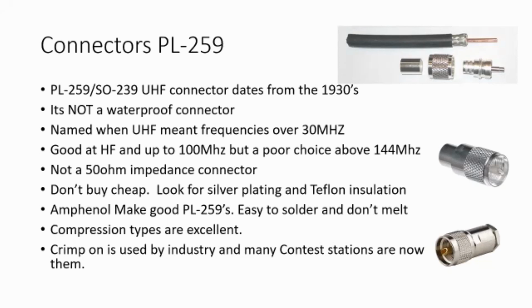The reason why it's not a good idea to use it above 2 meters is the size of the connector in relation to a wavelength is getting larger as you move higher in frequency, and therefore it basically puts a bump into your nice 50 ohm line from the radio up to the antenna, and can cause you a few wee problems.